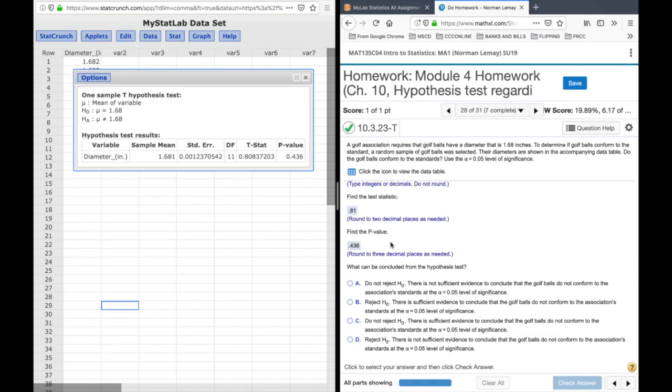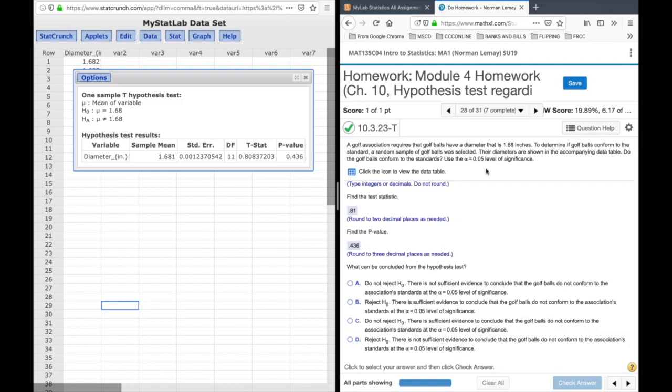In order to get small and large, we compare the p-value to the alpha level. And notice that the p-value is greater than the alpha level. Since the p-value is greater than the alpha level, that means we will reject the null hypothesis. That is our decision.